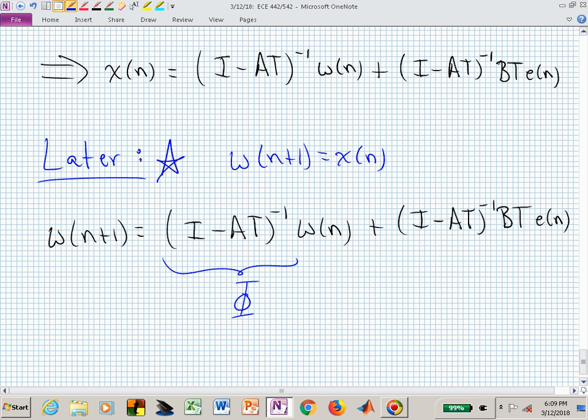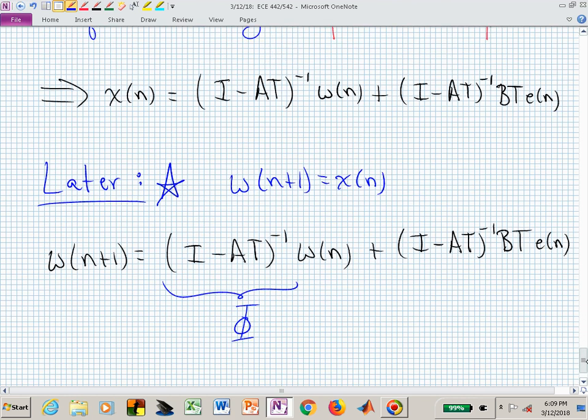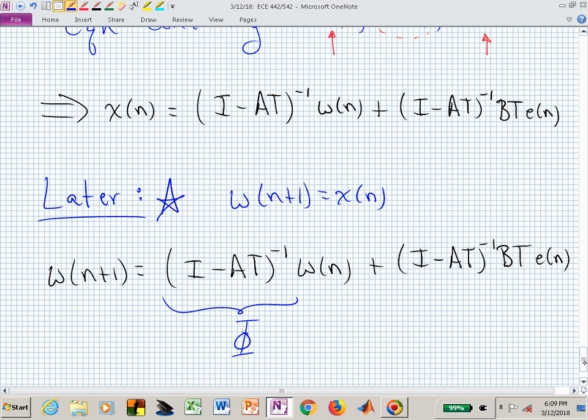And in this case, it's w instead of x. But we know how to relate w and x if somebody wants x, don't we? If somebody wants x, you just give them w of n plus 1, and they have x. But behind the scenes, all we really need to worry about is w, its dynamics.